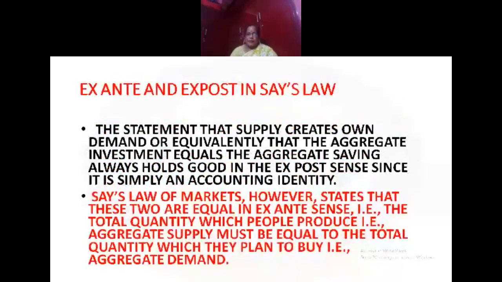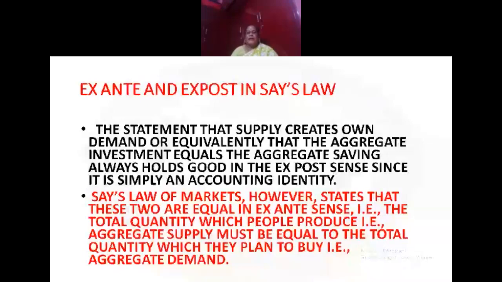Ex ante and ex post in Say's law. What is it telling? The statement that supply creates its own demand, or that aggregate investment equals aggregate saving, always holds good in the ex post sense, since it is simply an accounting identity.